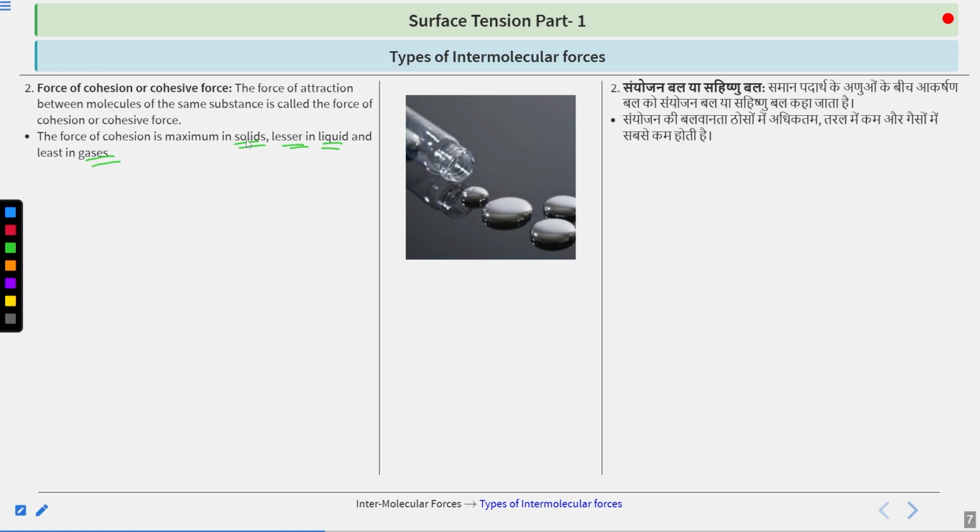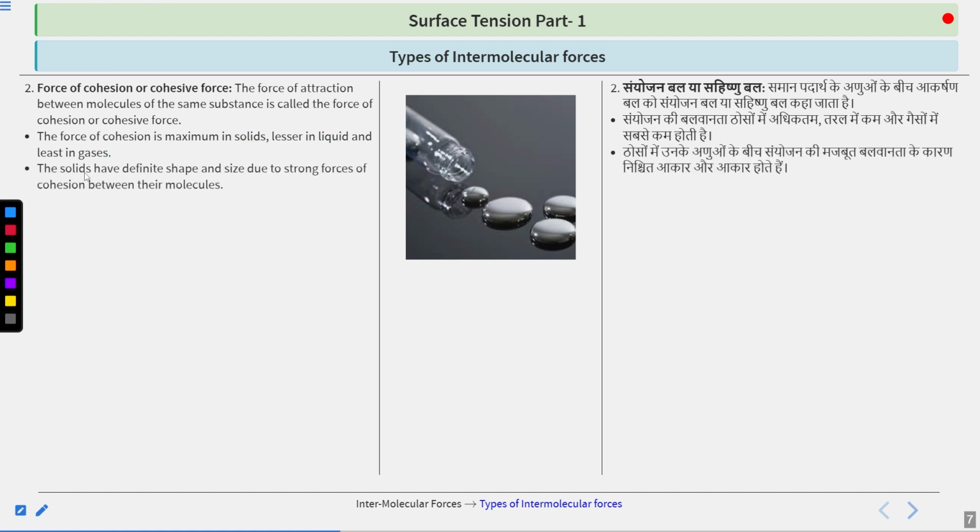And it is least in gases. All right, the solids have definite shape and size due to the strong forces of cohesion between their molecules.